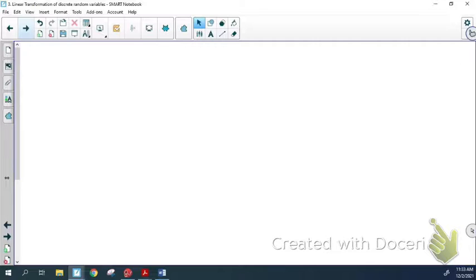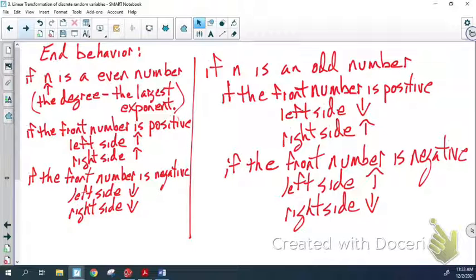It's thinking. So we made this table, and let me change colors. So this is the key to it right here. This guides your answer.